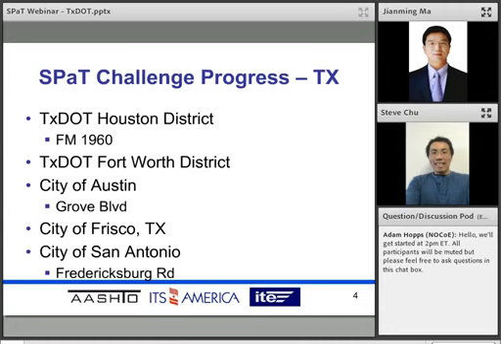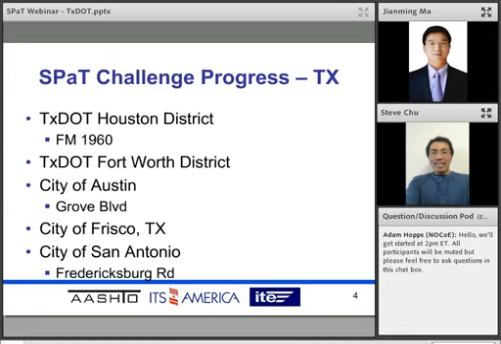And the City of Austin, I believe, is working with a CVRA grant, deploying some of the SPaT equipment on Grove Boulevard, as well as Cesar Chavez, and the City of Frisco and the City of San Antonio are also deploying some of this equipment, especially the City of San Antonio on Fredericksburg Road.